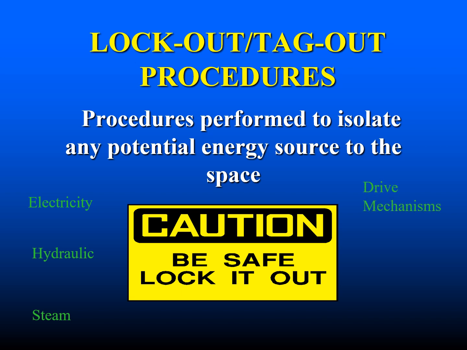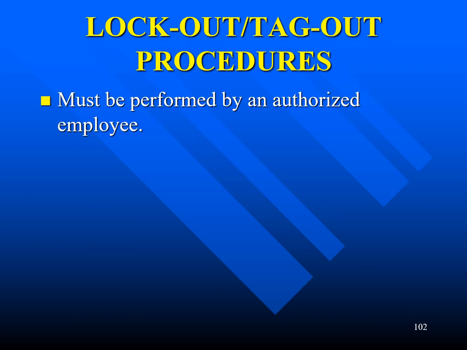We can lock out, tag out drive mechanisms, and we can lock out, tag out pneumatic devices, and we can lock out, tag out the gravity flow of a product. The lockout tagout procedures must be performed by an authorized employee.